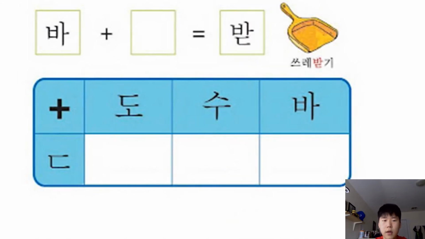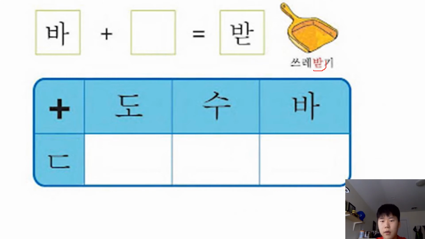Now let's try 쓰레받이. This is a dustpan, the thing you use to collect the little dust and little trash on the floor with a broom. This word has 4 syllables, and in the third syllable is the letter tigut as the tigut pachim.